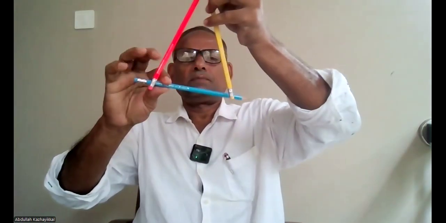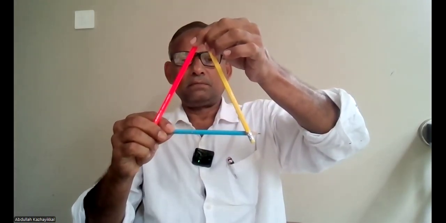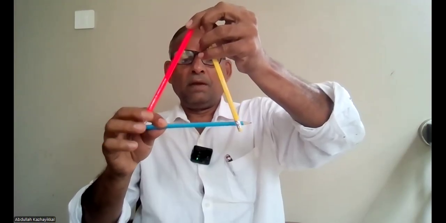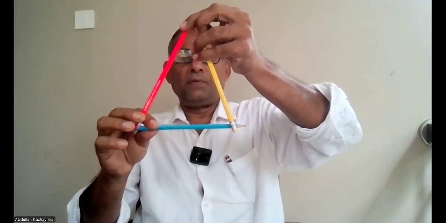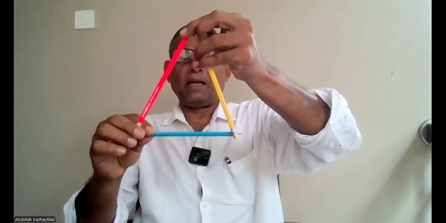Look here, can you see a triangle? See my beautiful triangle here. Blue, red, yellow. Look at this triangle. The blue colour pencil is here. If I place one more line somewhere here.